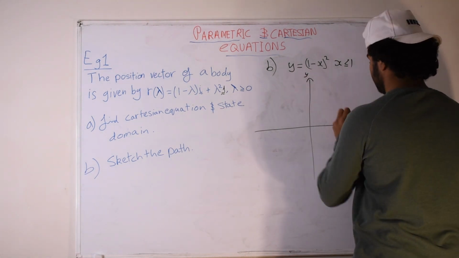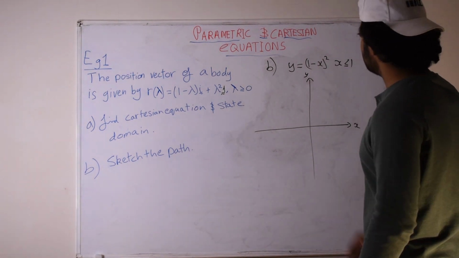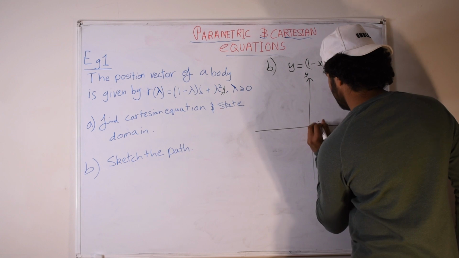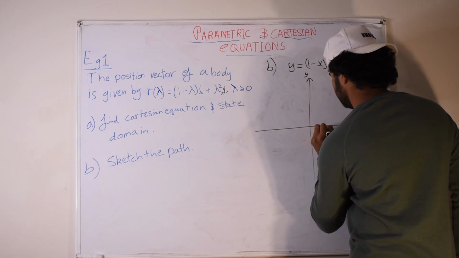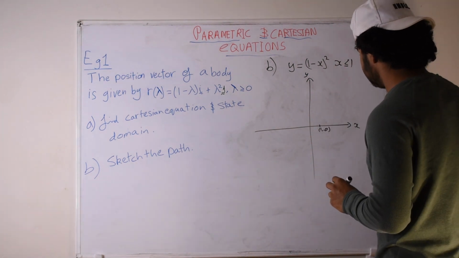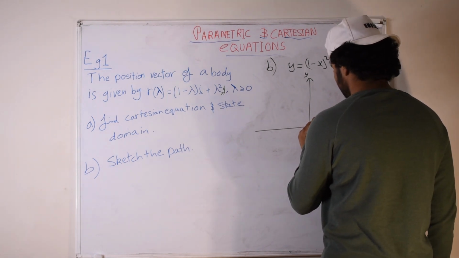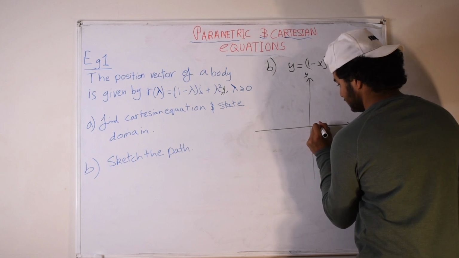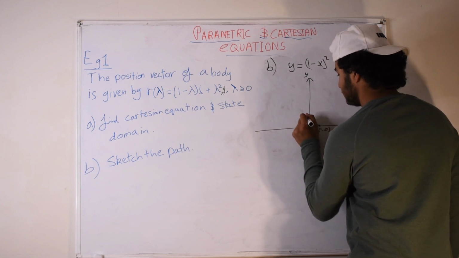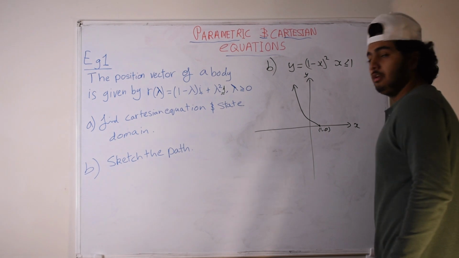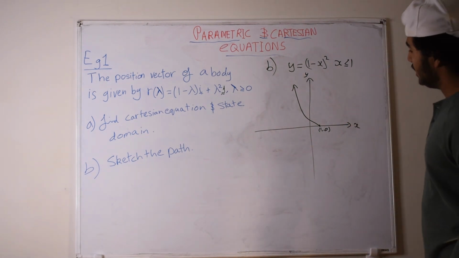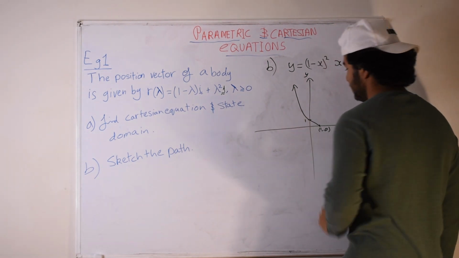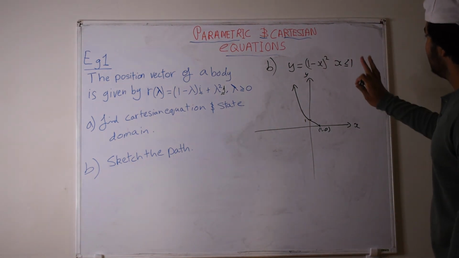We have y, we have x. 1 minus x, so this would be at 1, 0 in this case, and x is less than or equal to 1, so it won't be an open circle, it will be a closed circle over here. This path will be something like that. If we want to further find the y-intercept, we let x equal 0, y equals 1. So the y-intercept is y equals 1.